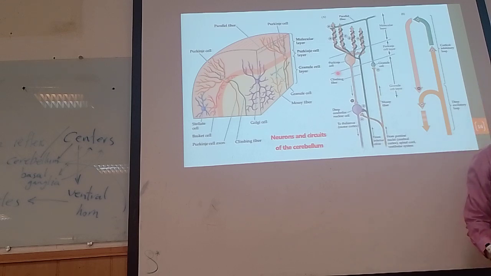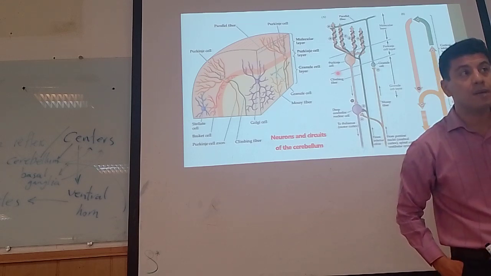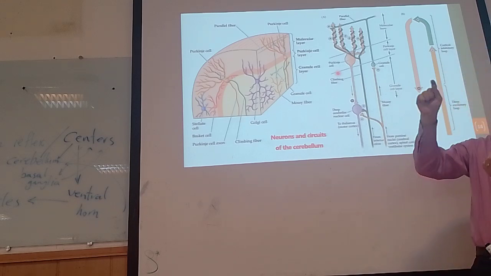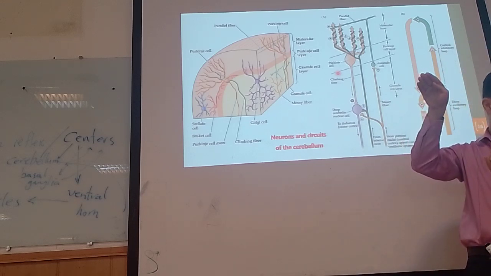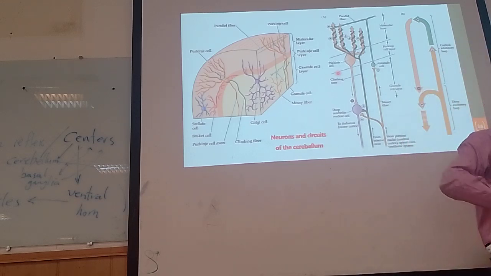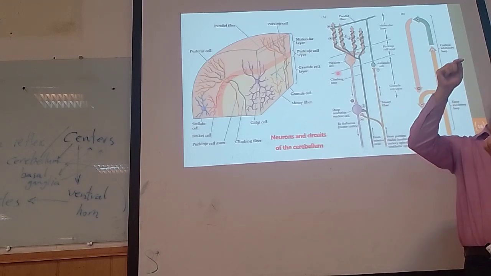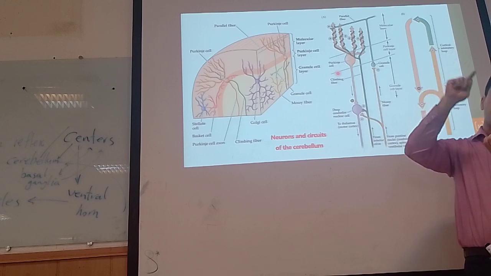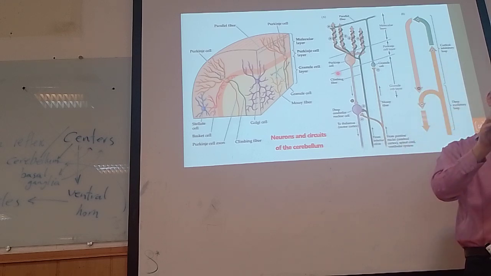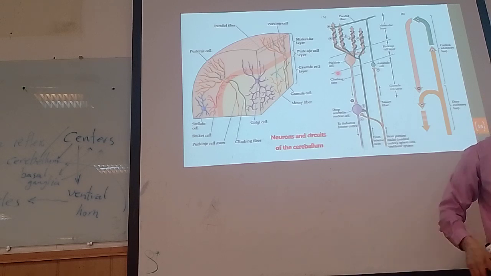And we know that the main output of the cerebellum is the deep cerebellar nucleus. Okay, so there is no direct connection between the cortex of the cerebellum and the outside of the cerebellum. First, the cortex activates or inhibits the deep cerebellar nucleus. The output is from the deep cerebellar nuclei to other targets.